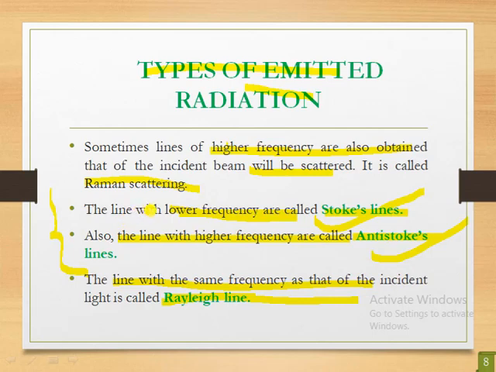When the scattered light has lower frequency than the incident radiation, it is known as Stokes lines. And when the frequency of scattered light is higher than the incident light, it is known as anti-Stokes lines.